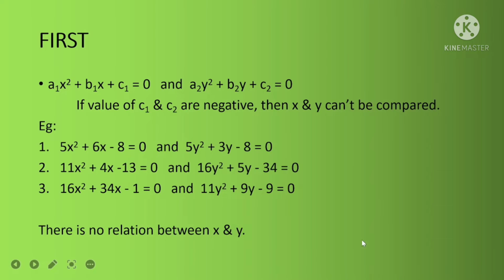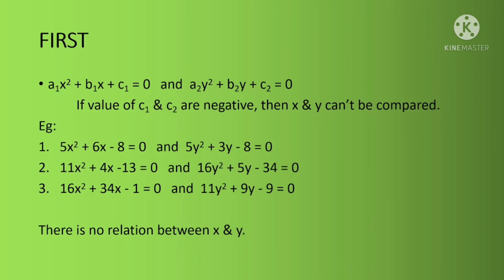First category: let the quadratic equations of x and y be a1x square plus b1x plus c1 is equal to 0 and a2y square plus b2y plus c2 is equal to 0. If the values of c1 and c2 are negative, then we cannot compare the values of x and y. Why is it so?